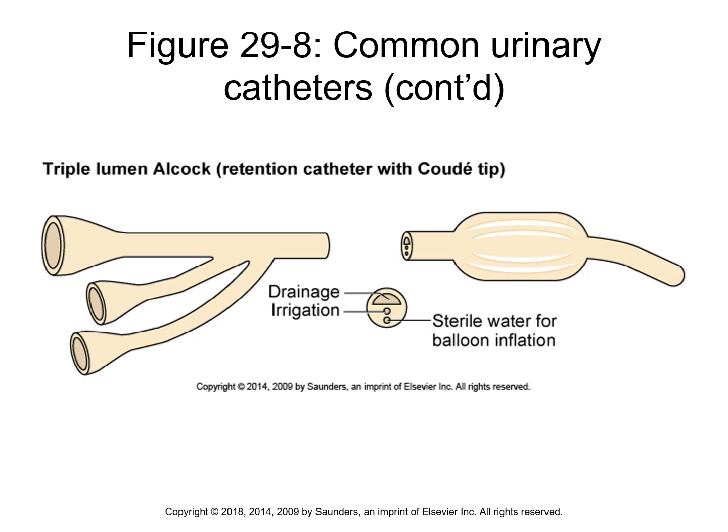So we don't want to break a sterile system to do a bunch of things, because all we're going to do is create infection for our patient and cause more harm. So this is set up where we have a drainage system, an irrigation system, and then a port. So you have three ports, and the third port is for the balloon, which helps keep it inflated and in place in the patient.